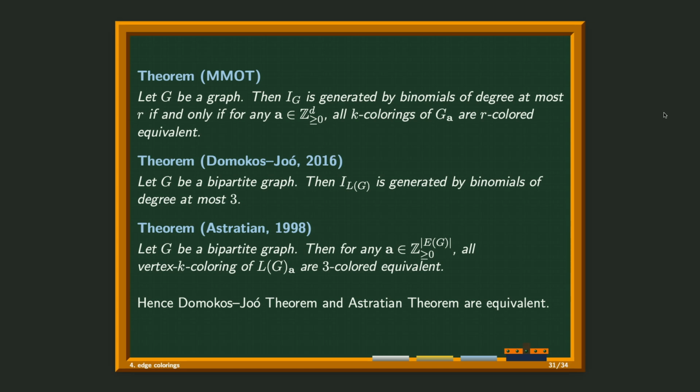By using this theorem, we know that these 2 theorems are equivalent. These 2 results are for bipartite graphs. First, our result is for arbitrary graphs, so by using this result we can consider the non-bipartite case.